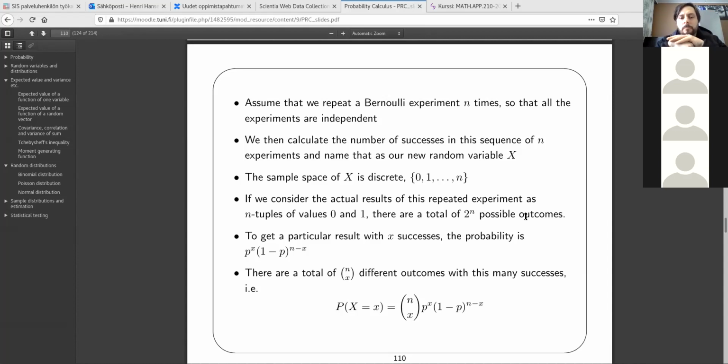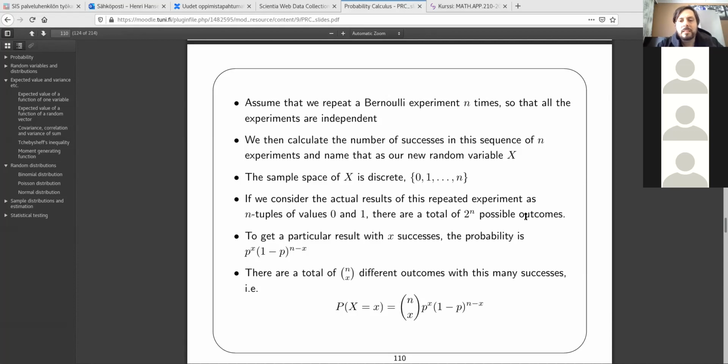And the probability for a particular result, if we have x successes, is p to the x times 1 minus p to the n minus x. Because if we do it n times, then x of these are successes, that's p to the x, and the rest are failures, that's 1 minus p to the n minus x, because n minus x are failures.